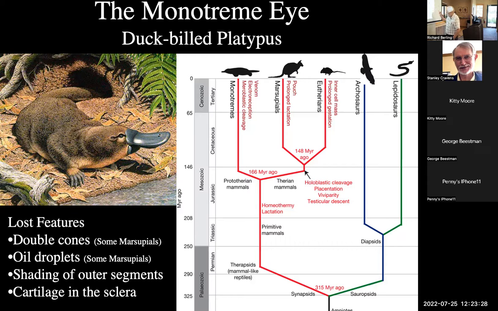So we go back to a phylogeny. Here is the split between animals that eventually would become mammals and animals that would eventually become birds and reptiles. And then here is the split, which happened fairly quickly in the middle of the era of the dinosaurs, when mammalian species split between marsupials and placental mammals.